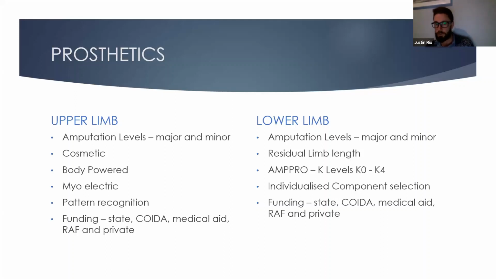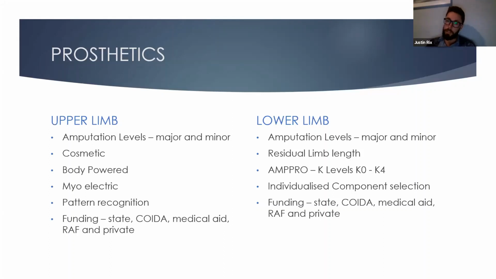You get one with the prosthesis being pro, or no pro being no prosthesis. These are then broken down into different levels, K0 being a person who's non-ambulatory and goes K1, 2, 3, 4. K4 isn't necessarily an athlete, it could be just a highly functional amputee.